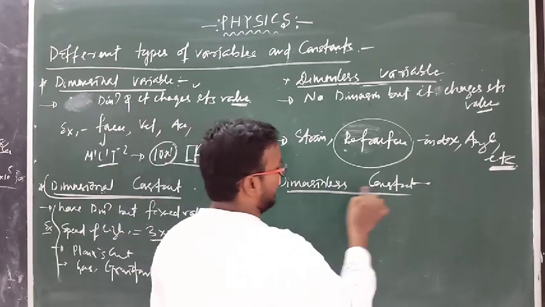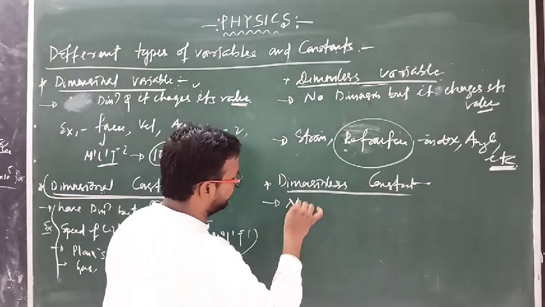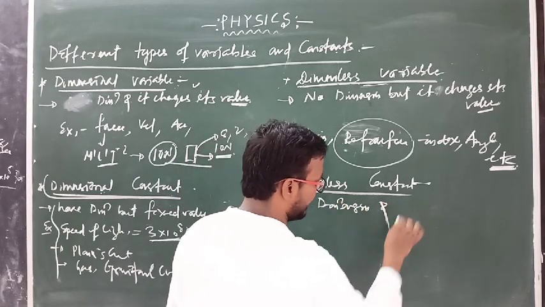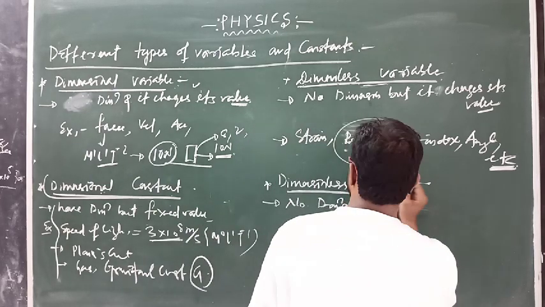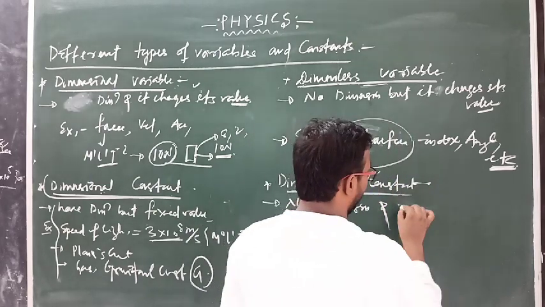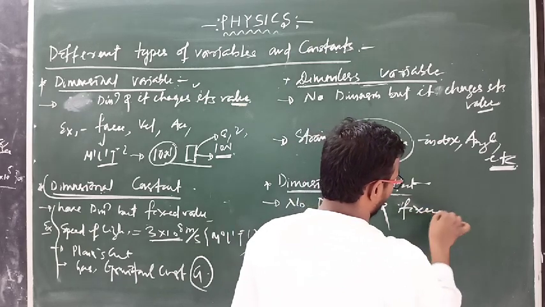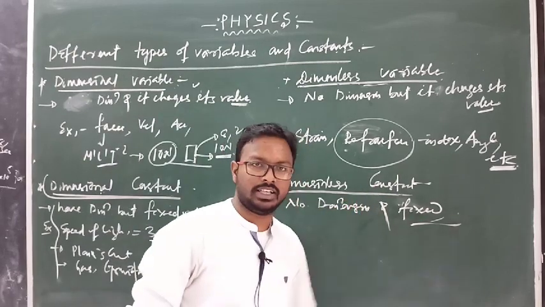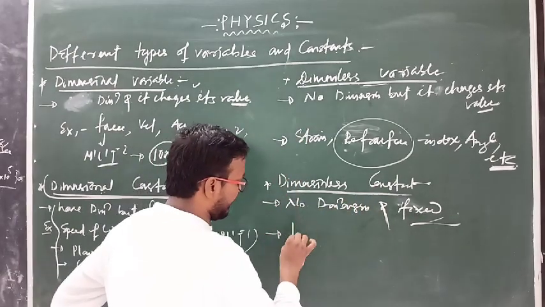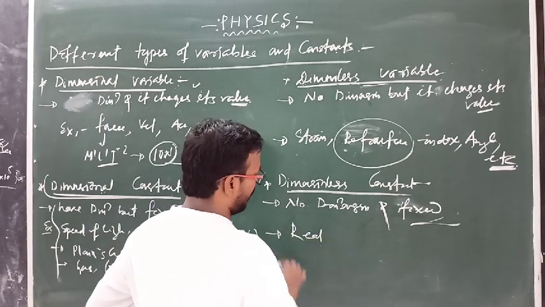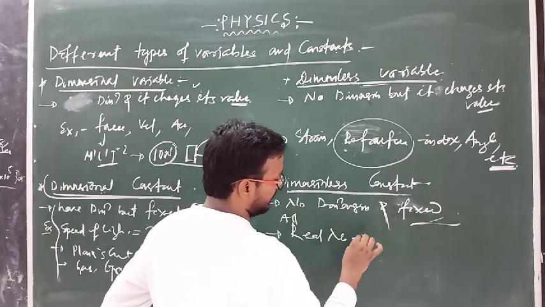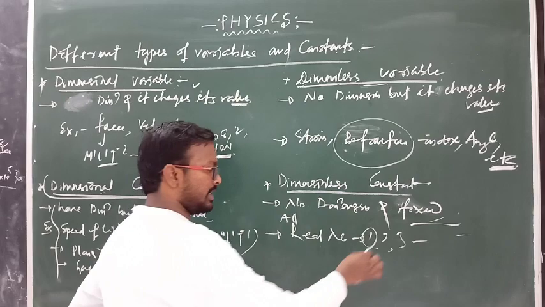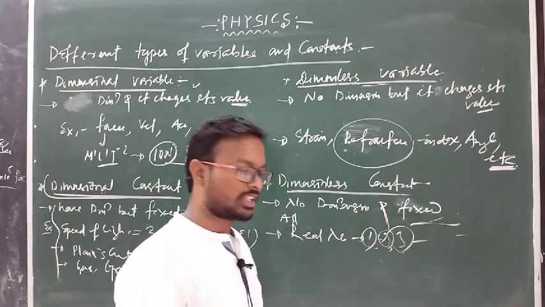So next, dimensionless constant. No dimension and fixed value. These are quantities with no dimension and always fixed value. Suppose real numbers or natural numbers, 1, 2, 3, 4, and so on. Value 1 is always constant, value 2 always constant, 3, 4, these are constant quantities.